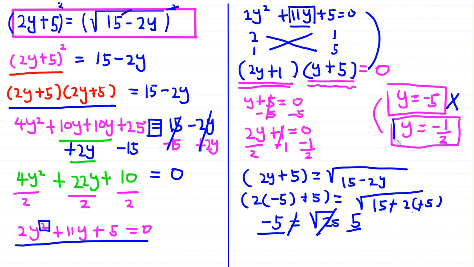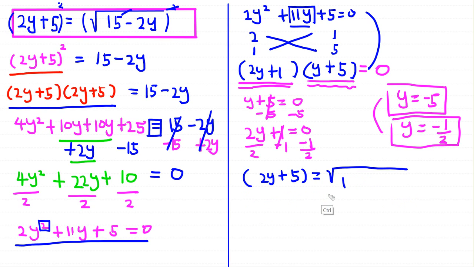And let's look at the next solution, which is y equal to negative 1 over 2. So I'll erase this a little bit. Here's our original equation, which is 2y plus 5 should be equal to the square root of 15 minus 2y.